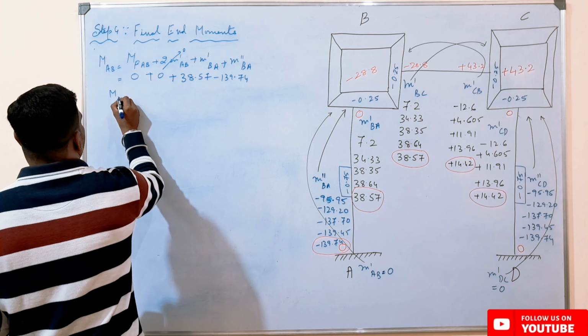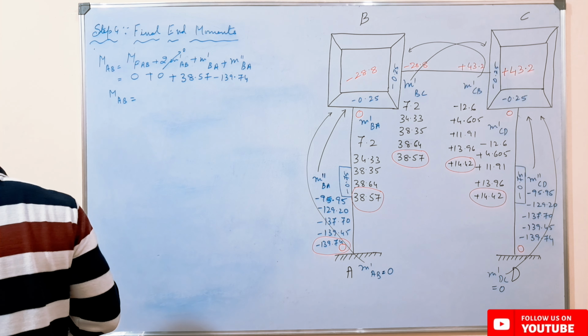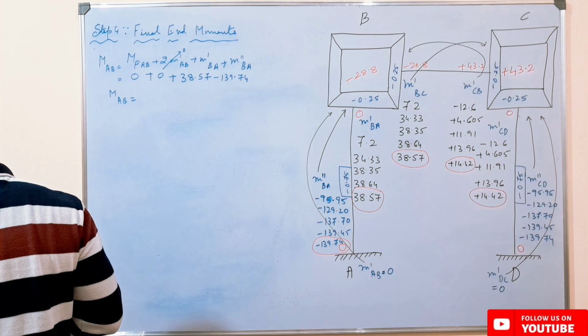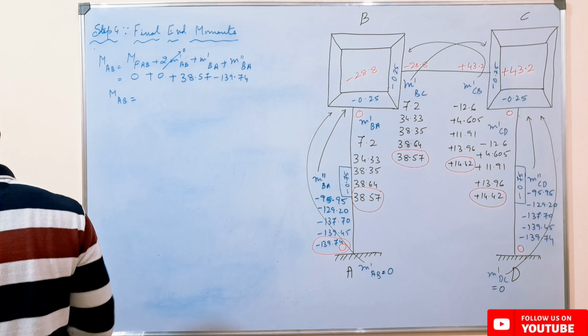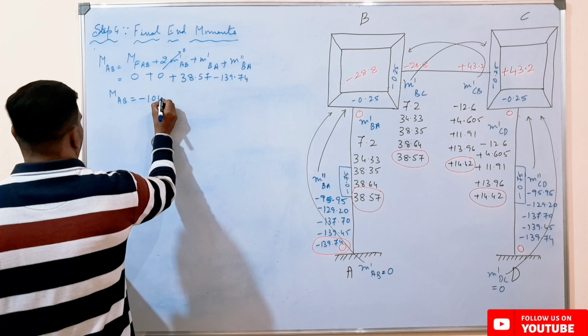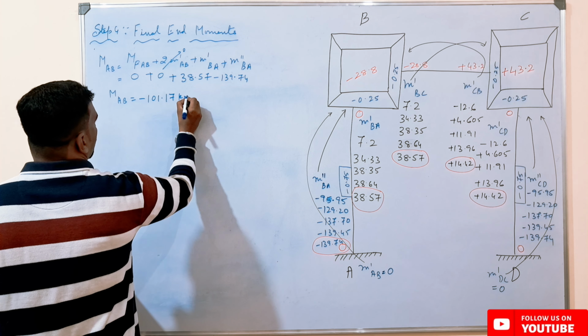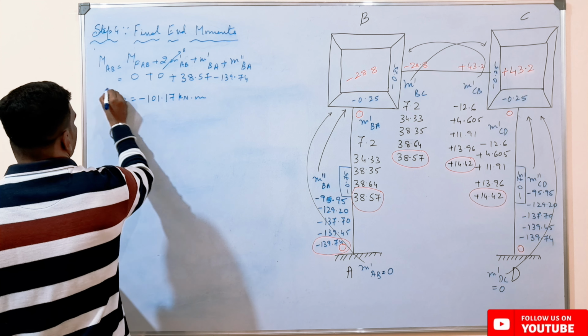So the final end moment from A to B is minus 101.17 kilonewton meter. This is the value.